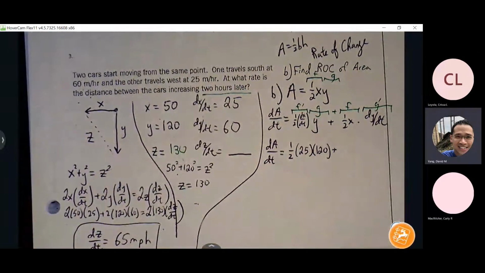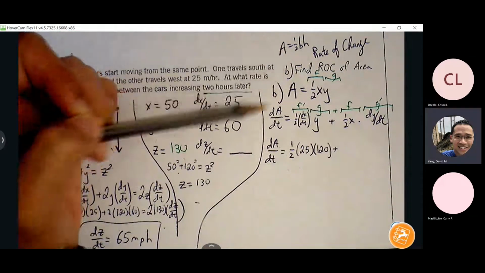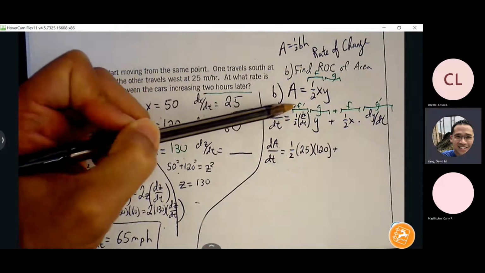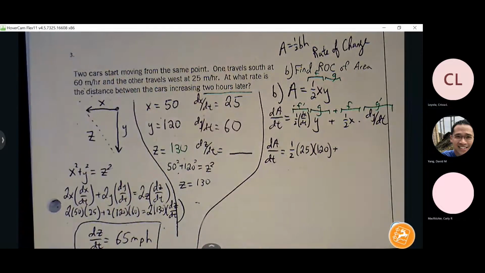So anytime the variable disappears, you put the dx/dt or dy/dt. That's right. And if there is a derivative called for, so the g and f, we don't have d over dt's for those. So anytime it's f prime or g prime, you should have a d/dt.